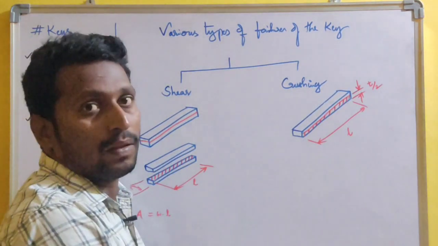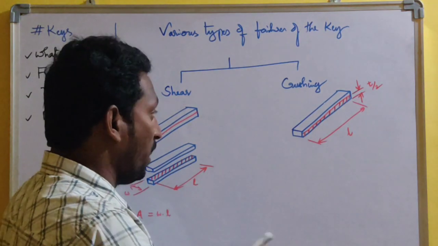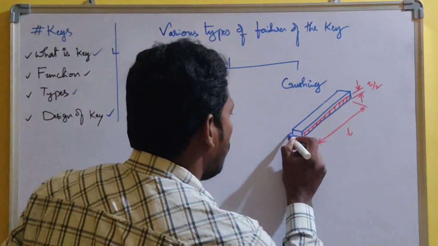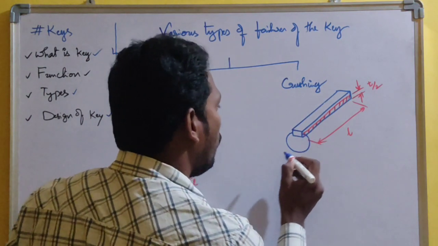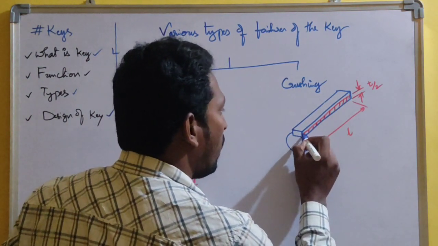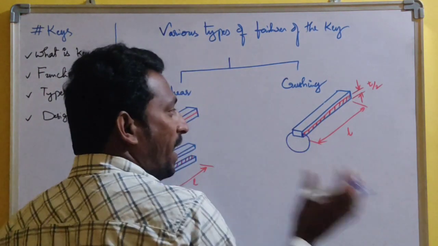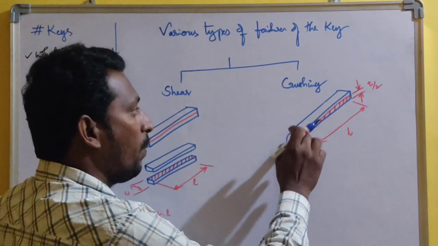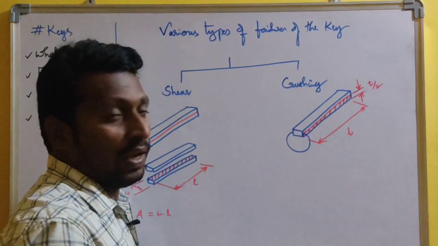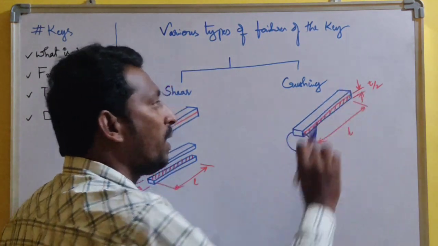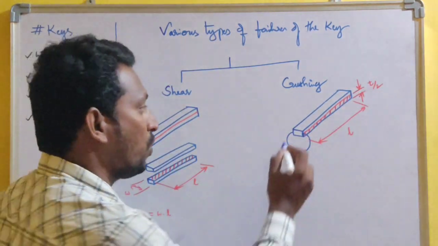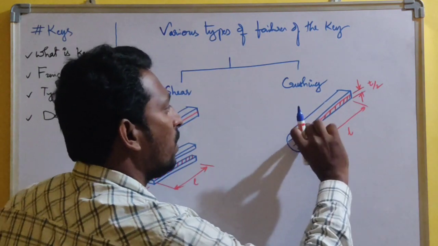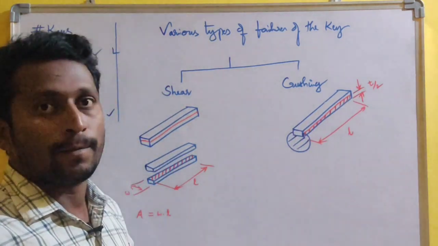I will show the clear diagram here. This is the solid shaft. Exactly at this portion there may be a contact surface between the material of the shaft and the material of the key, exactly in the half portion of the key only. That is why we are taking this half portion only.